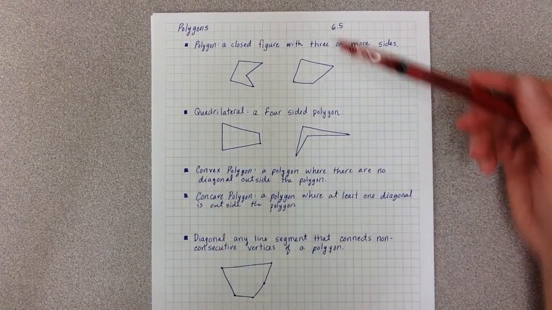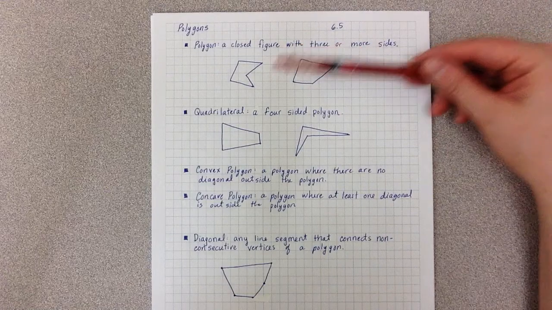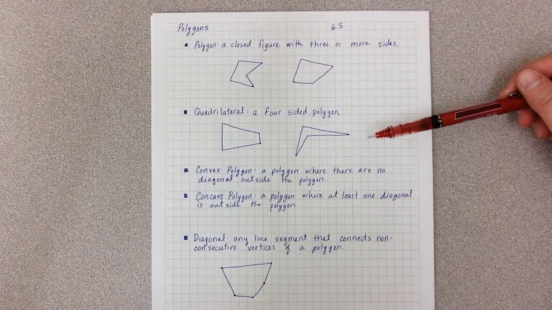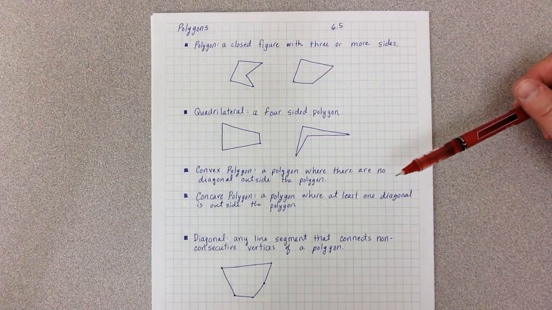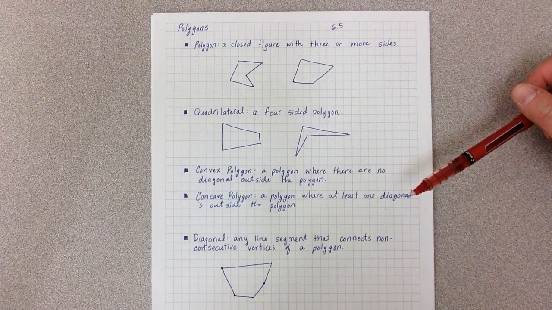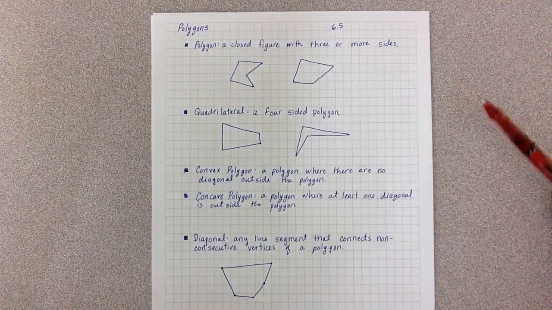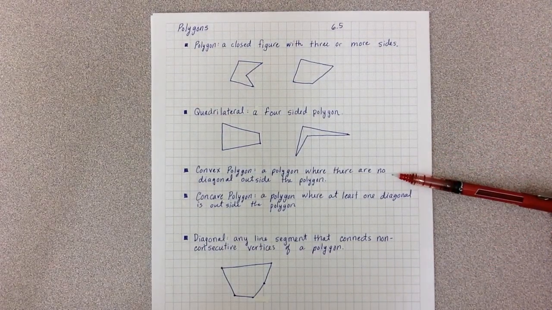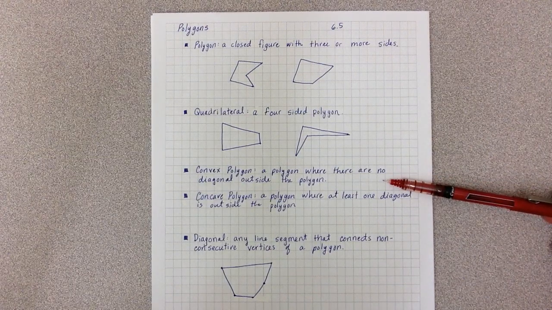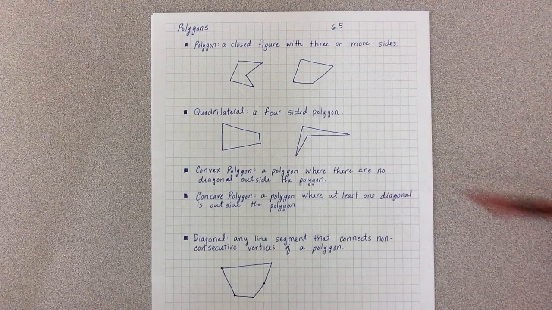Now, you'll notice that some of these polygons and quadrilaterals look familiar, and some of them look sort of not like what you would expect a polygon to look like. So there are 2 types up here. There are the convex, where the polygon has no diagonals on the outside.